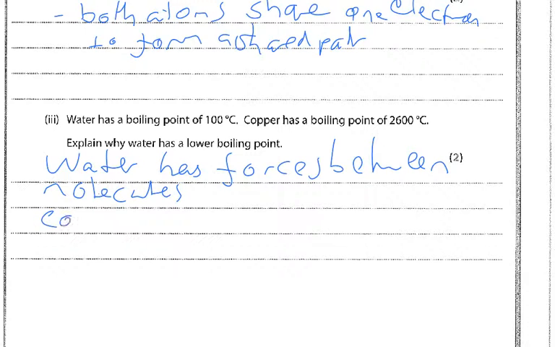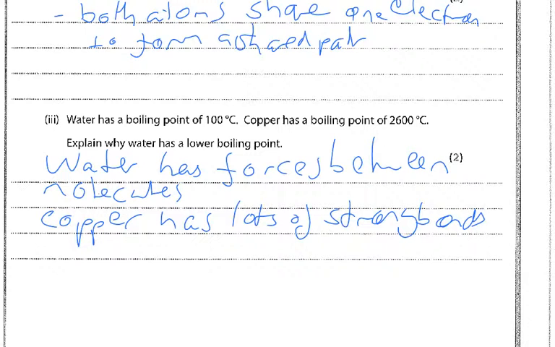Whereas copper is a metal, so it has lots of strong bonds. So a high melting point, a high boiling point. Again, please excuse the handwriting, just listen to what I'm saying. That gets us our 2 marks.